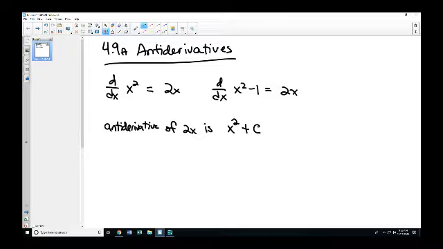So that's how you answer it. For now, you will put a plus C on every antiderivative that you calculate, because we don't know if there is a number in the original function. We just don't know.